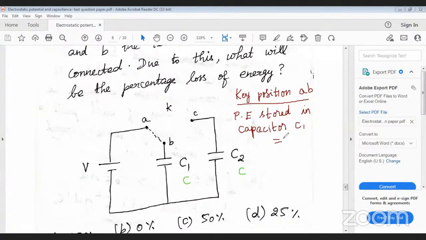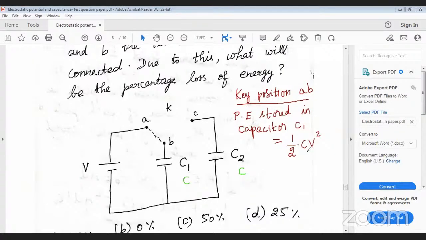Can anyone tell me? So 1 by 2 CV square. Yes, you are right. So it is half into CV square. Here it is half into C1 V square, but in the problem they have mentioned that both the capacitances are identical. So let me consider this as C and this also as C. So the potential energy stored in the capacitor C1 is half CV square.